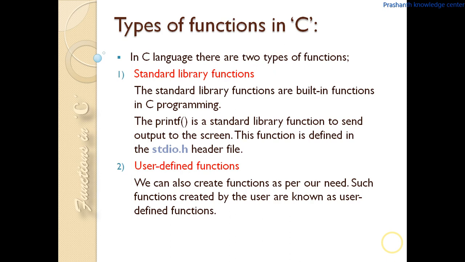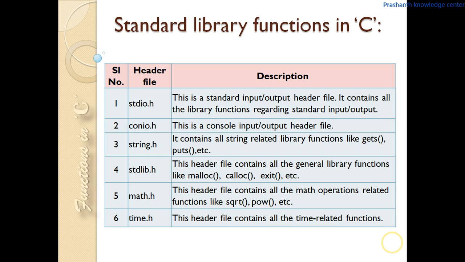This is all about the standard library functions, and these are some of the standard library functions in C language. We all know stdio.h and conio.h because we are using these two header files in all our programs, and these are some of the important standard header files which are mainly used.